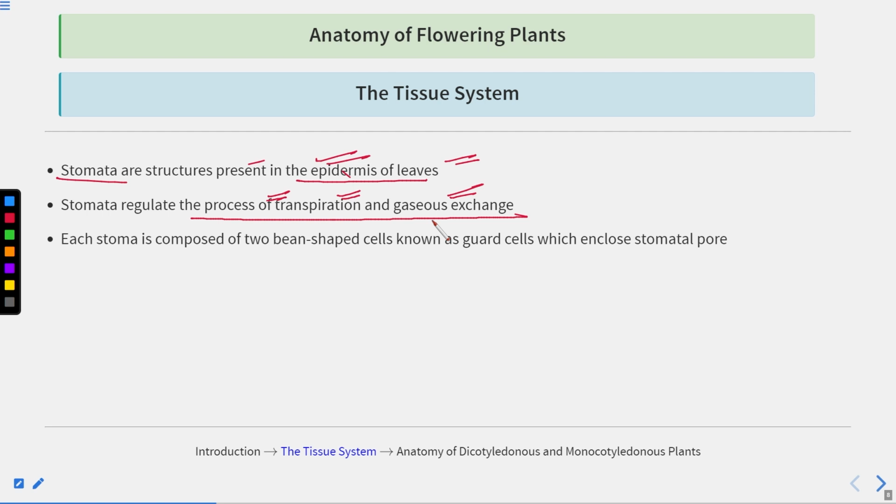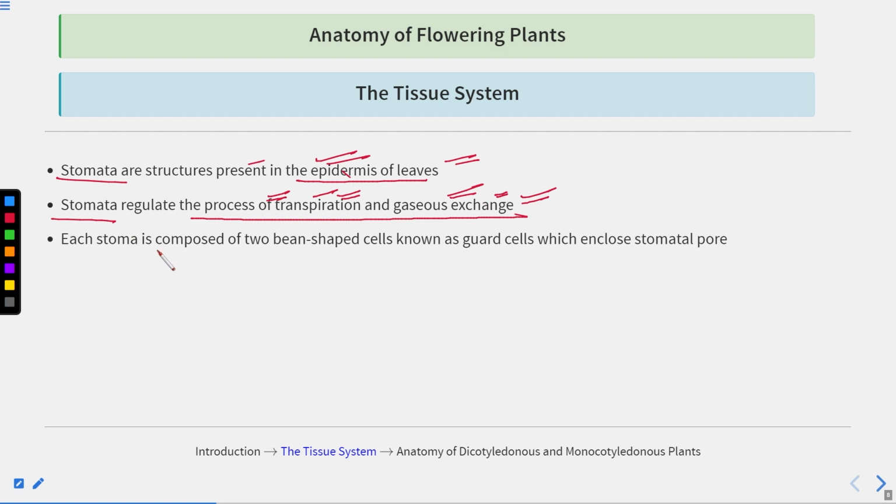At the same time, the byproduct of the earlier photosynthesis, oxygen gas, has to be removed from the cell. So carbon dioxide is taken inside and oxygen is given out. This gaseous exchange takes place through the stomata, so it regulates both transpiration and gaseous exchange.